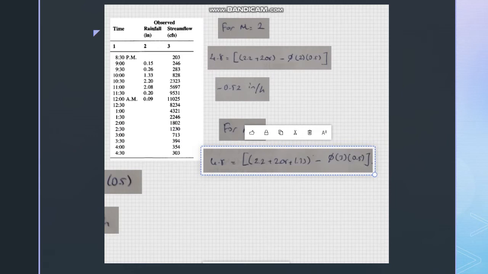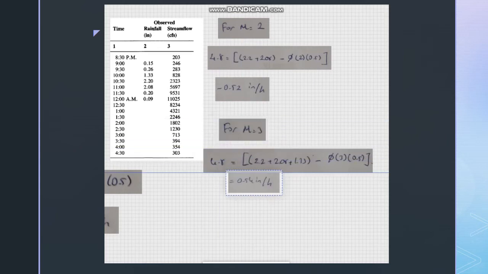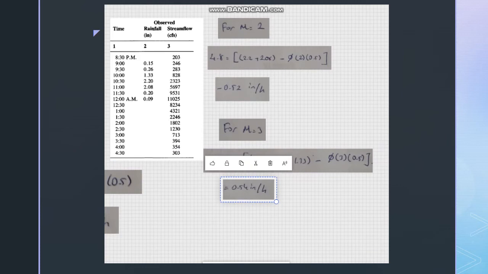This gives our phi index equal to 0.54 inch per hour, and that means it's correct.